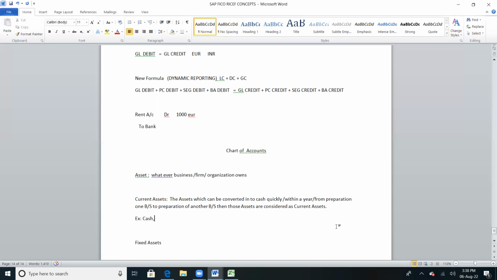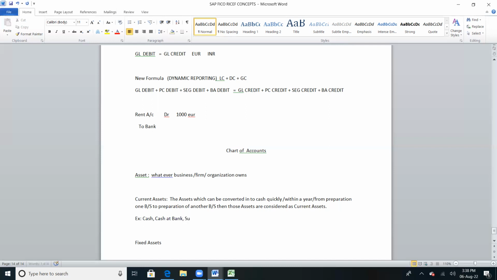And next one, cash at bank. If cash is there in your bank, how much time will it take to withdraw? If an ATM is near to you, five to ten minutes. So is it within a year or more than a year? Within. So cash at bank.